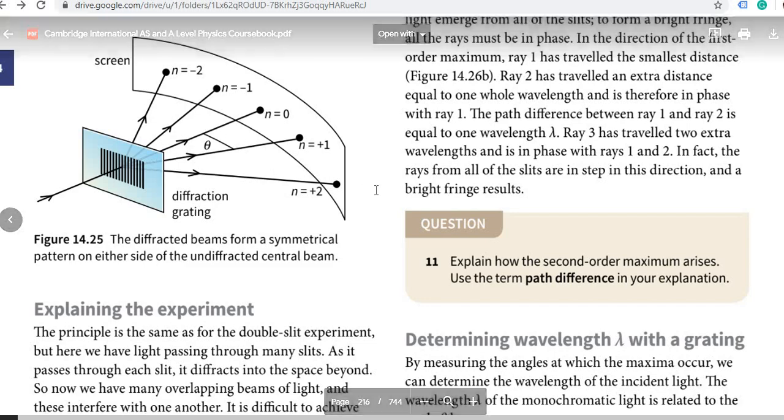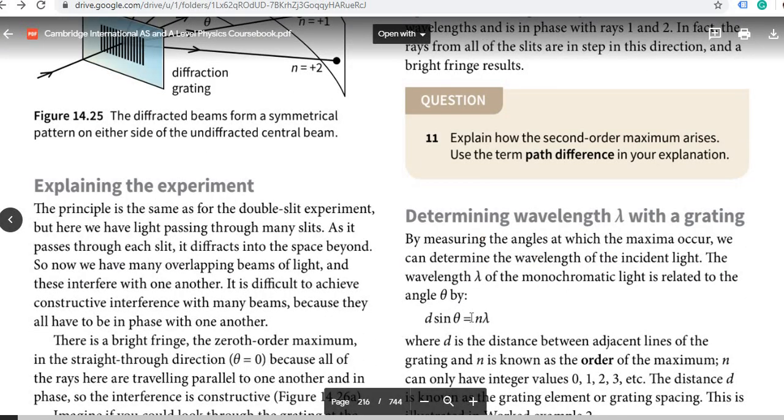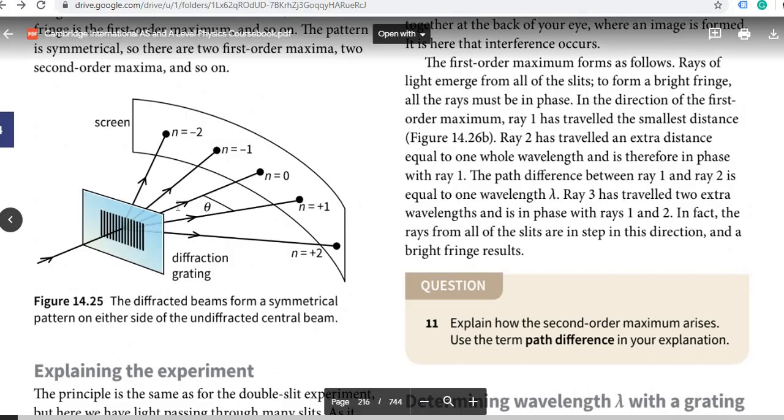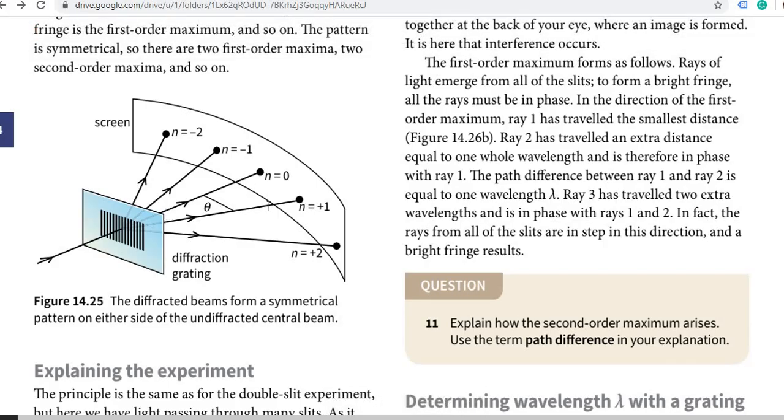Okay, so this theta here is the angle from the central maximum. So that is from n equals 0 to n equals 1 or n equals 2 or n equals 3, whatever the n, that is the angle from n equals 0 to that n.